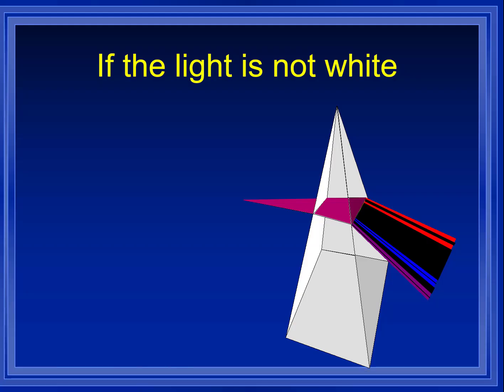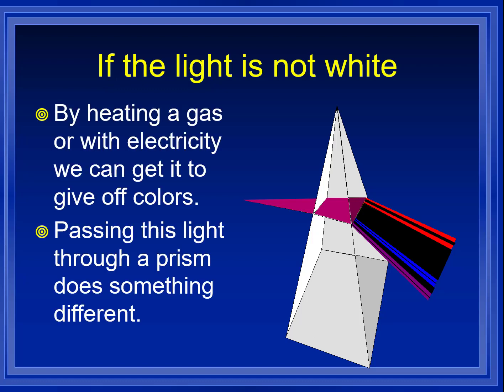All right. So. Everybody saw lines, right? Everybody saw lines. Okay. Now, let's turn this off before I burn it out. Okay. So, by heating a gas, we saw that with flames on Friday, or with electricity, we saw that today, we can get it to do something different.